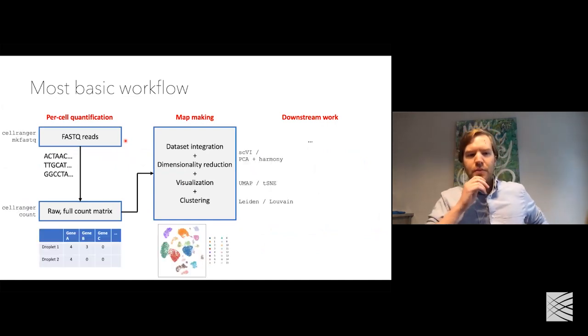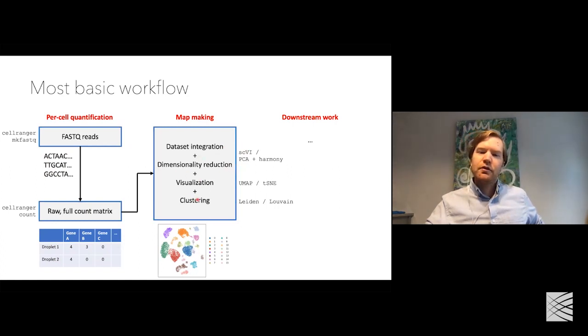So with this most basic kind of workflow, the idea is to start with reads off the sequencer, you condense these into a count matrix where you're counting the prevalence of each gene in each droplet. So you have a big matrix here. And then during the map making procedure, again, we'll perform dimensionality reduction, visualization, and clustering, and we'll end up with some kind of a map that looks like this.